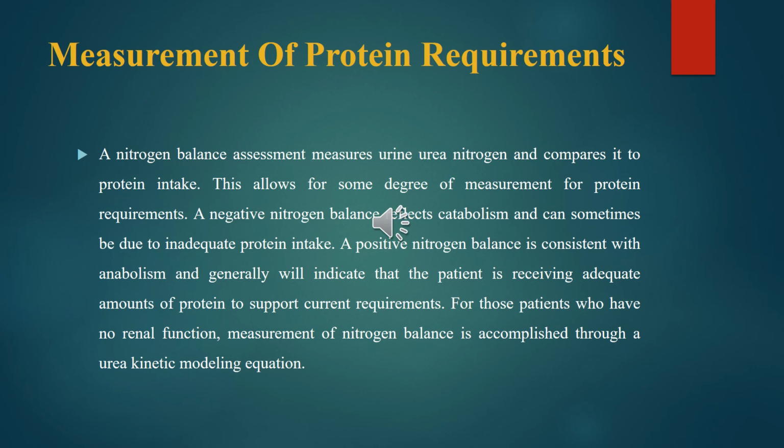So in these conditions, the protein need increases because of extensive nitrogen losses, while an undernourished patient shows less nitrogen loss as compared to those who were previously well nourished.